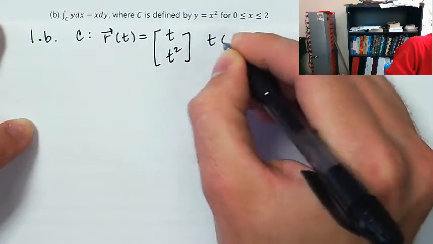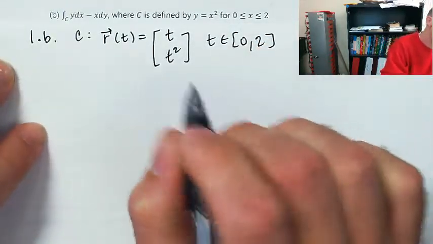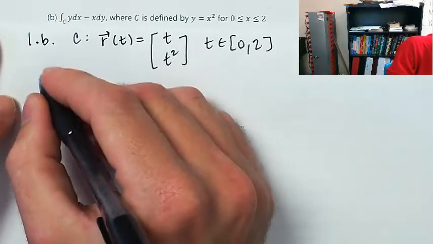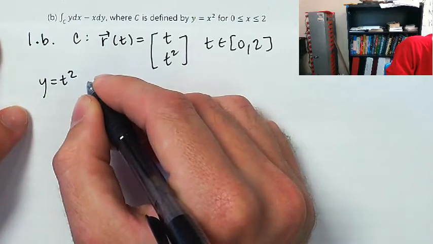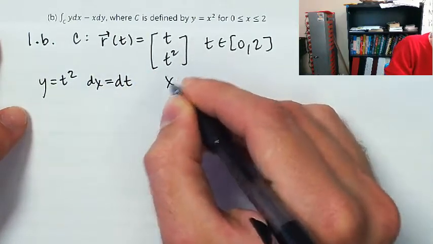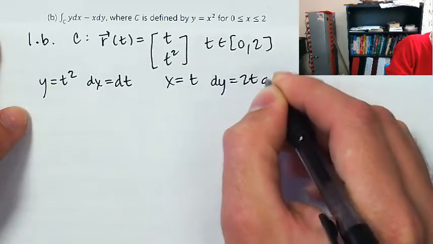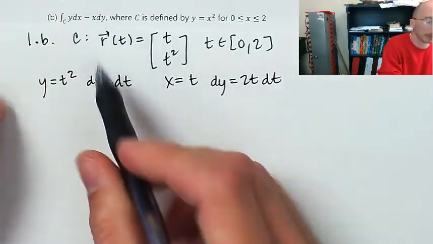X runs from 0 to 2, so t can also run from 0 to 2. All right, I'm going to need y dx minus x dy. Well, so I've got all my ingredients, and I'm just going to put them together into this integral.